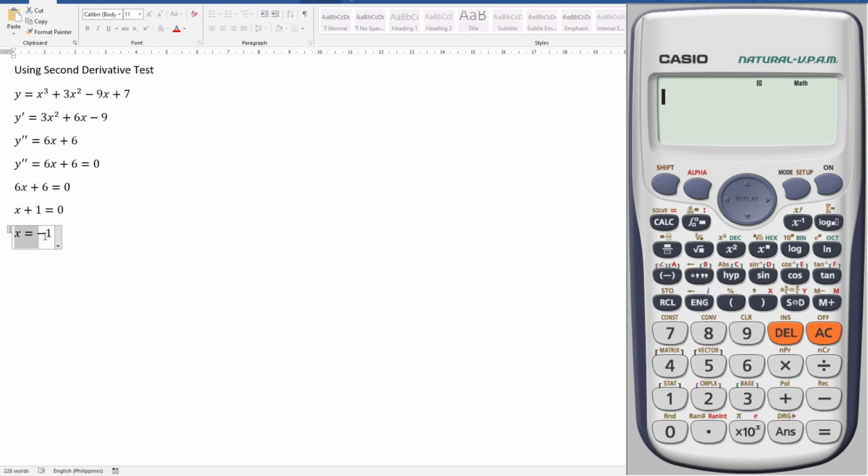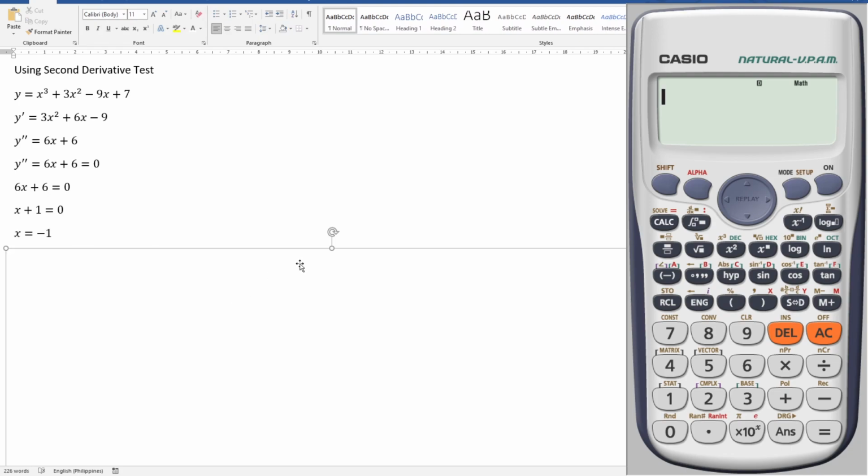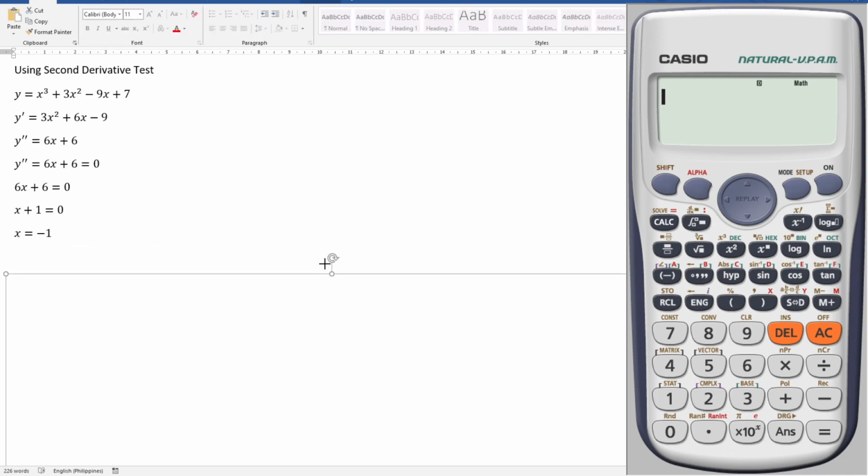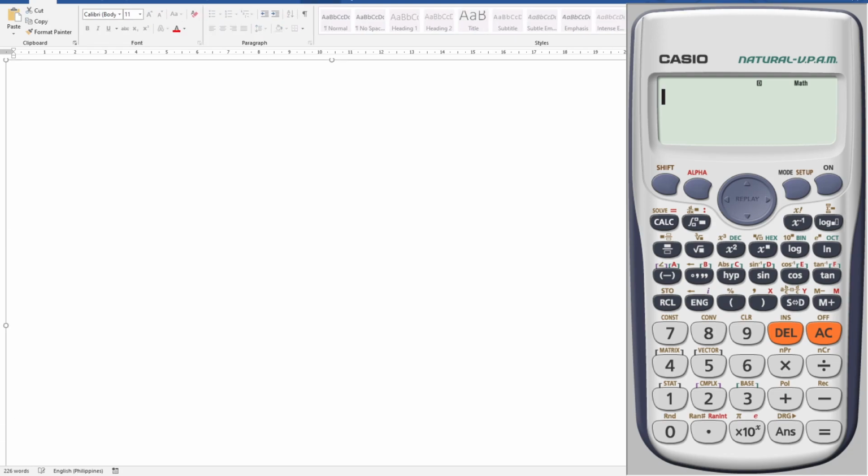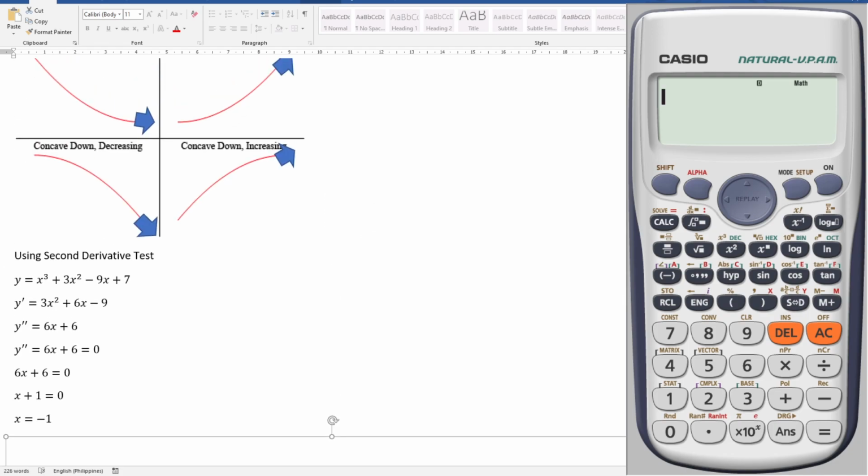Here we have the value of x equals negative 1, and then we will again imagine it on a number line or on a graph.